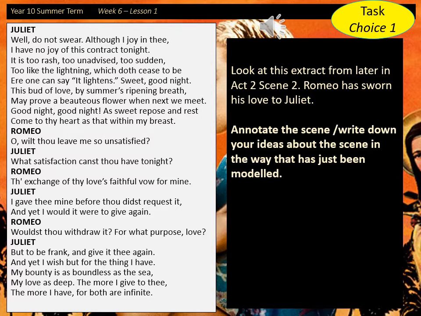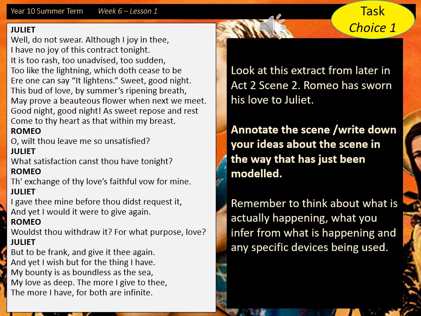So you can either, if you can, print out the extract and annotate around it, or, and just as acceptable, you can write down your ideas in note form about the scene, encompassing all those ideas that I've modelled. So think about what is actually happening in the scene, what you can infer from what is happening, and any specific devices being used. So can you pick out any similes or metaphors, personification, specific adverbs used, verbs, adjectives, whatever.